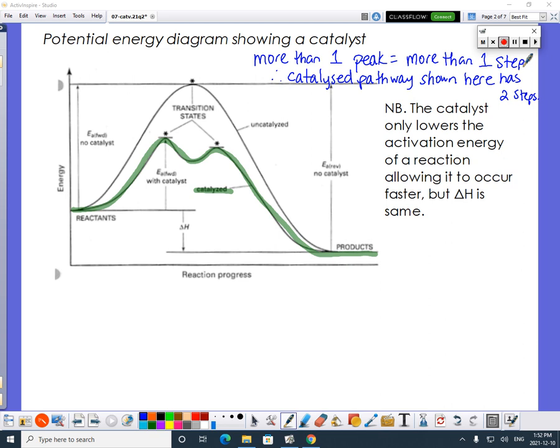So a couple other things to notice. We want the reaction to go faster, but we don't want to get less energy out of it. So it says here that the delta H is the same. How did I know that? Because the reactants and the products, the overall, are still in the same spot. So the catalyzed reaction starts and ends in the same spot.